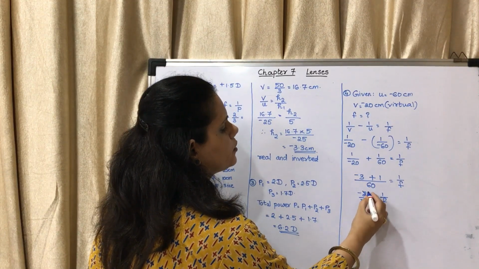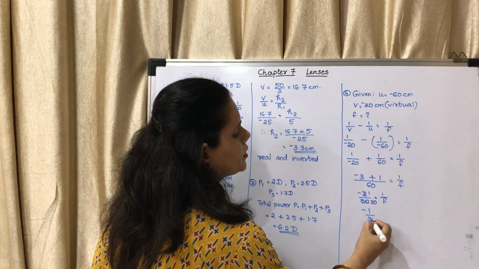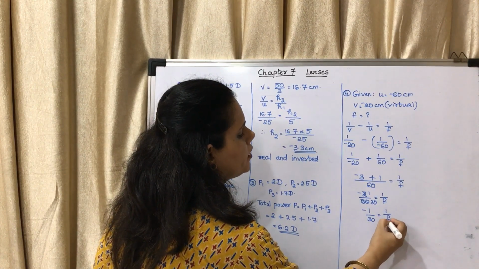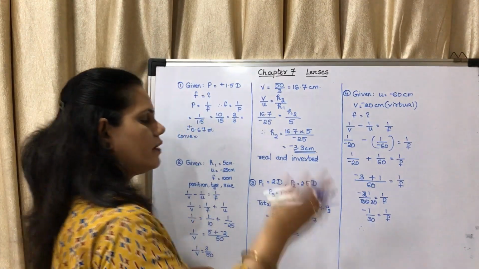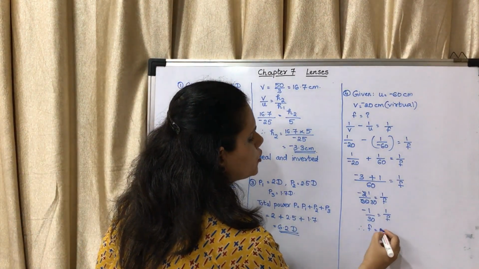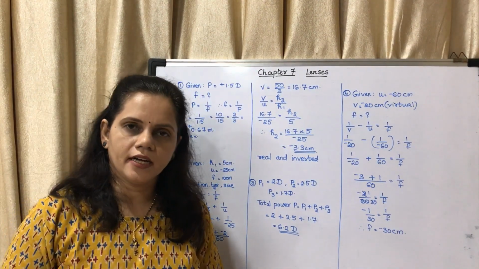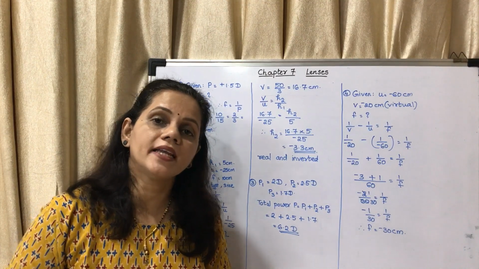If you cut this, you will get 1 upon 30. That is minus 1 upon 30 is equal to 1 upon f. Therefore, what will be f? You take the inverse. So f will be equal to minus 30 centimeter.